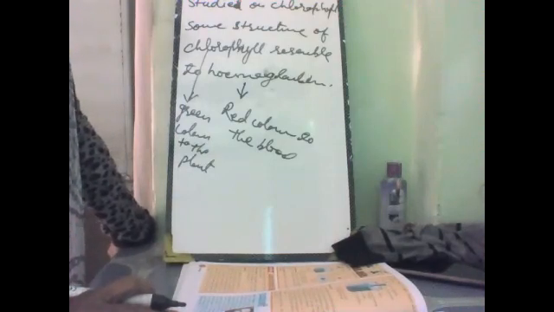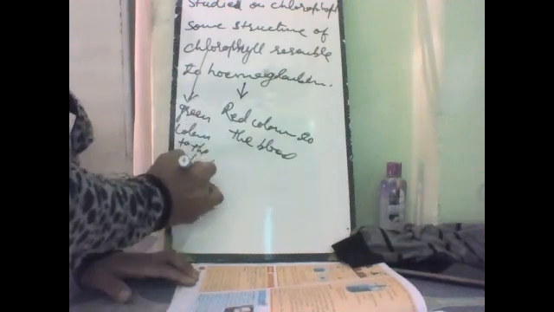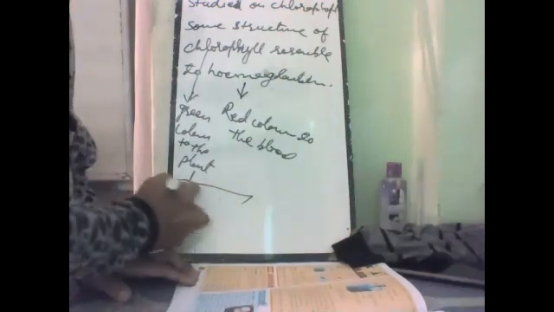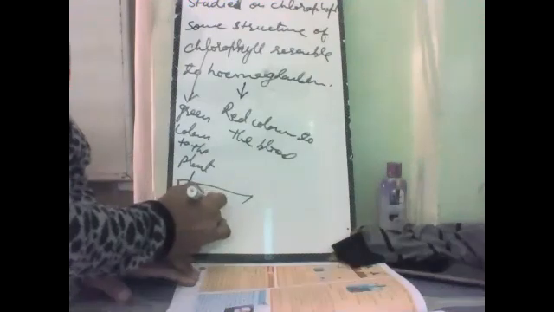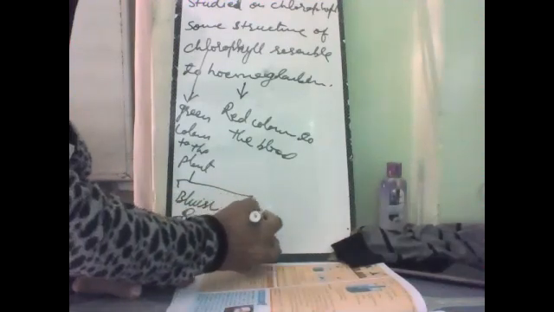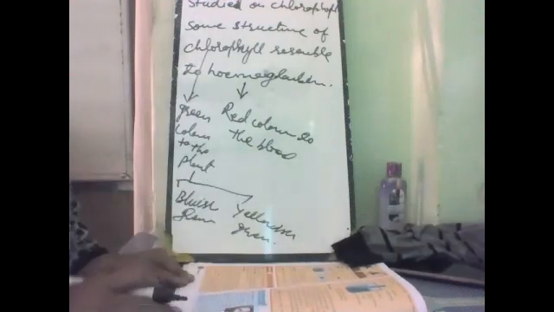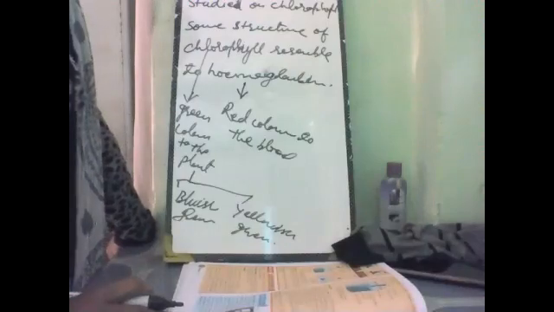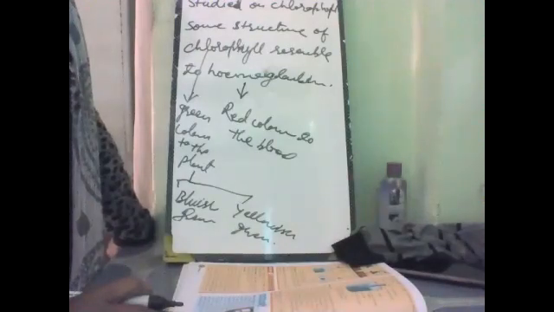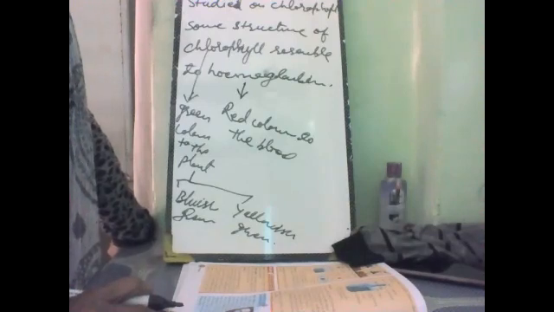He also discovered that chlorophyll is of two types, bluish green and yellowish green. Carotene pigments are also invariably present with chlorophyll.